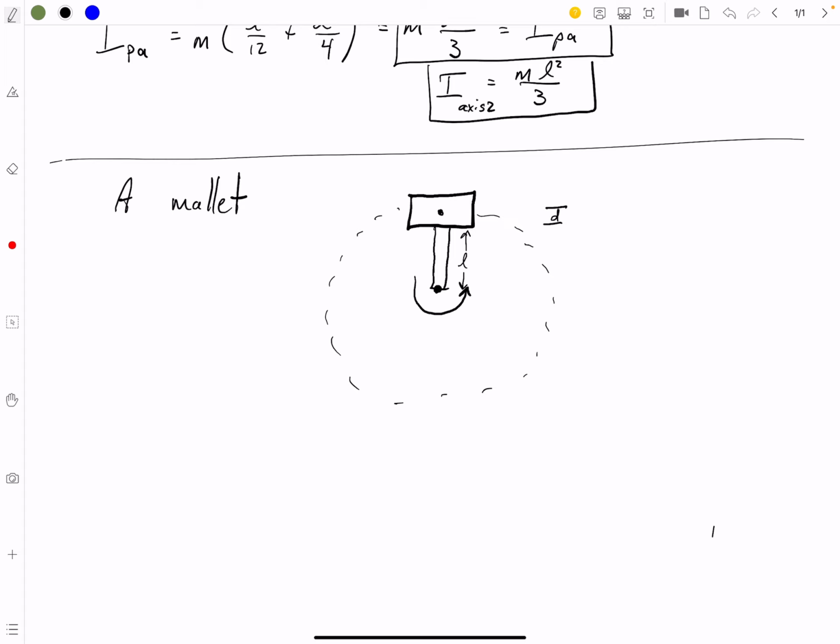Okay, so we've got a heavy part, like, I don't know, maybe this is iron and this is wood, right? So we've got two different things with different masses and all kinds of stuff. And essentially, what we want to do is do our I total.